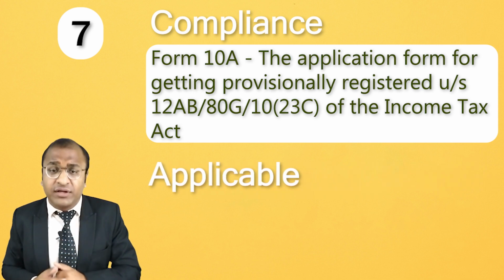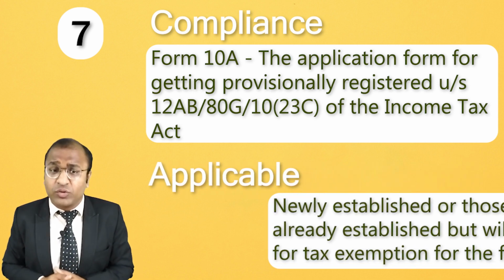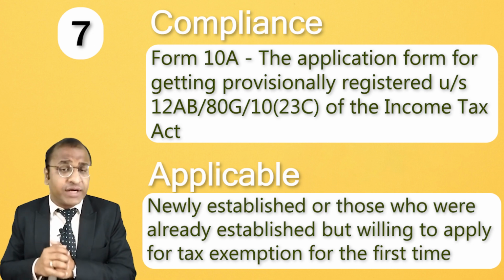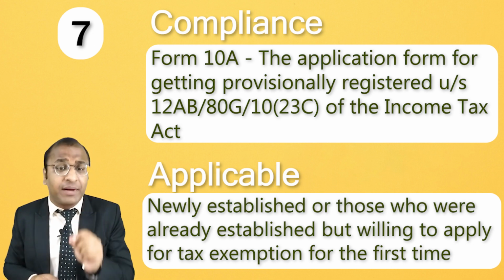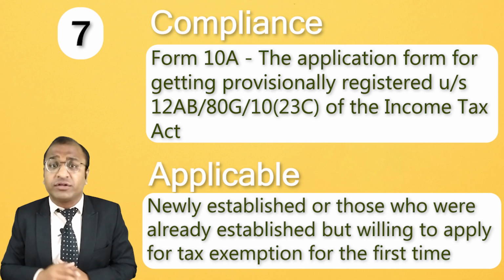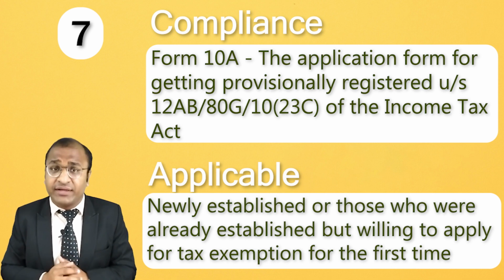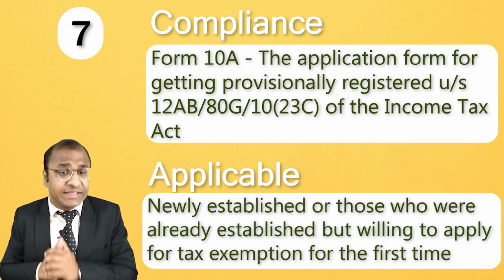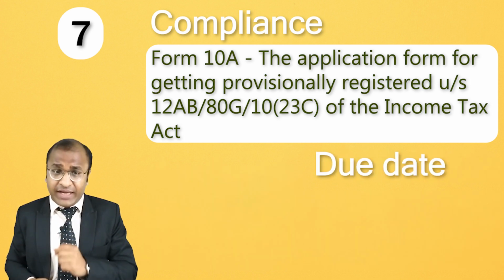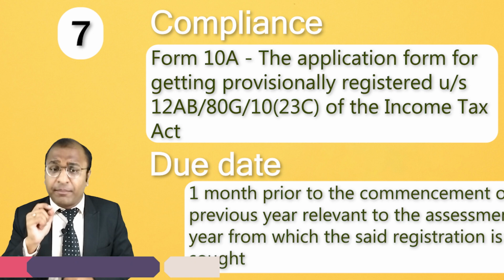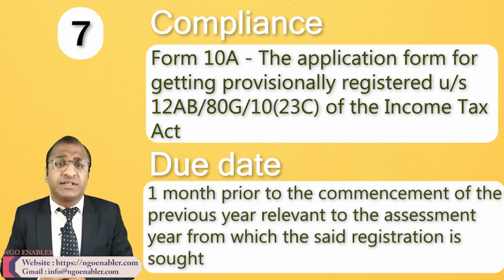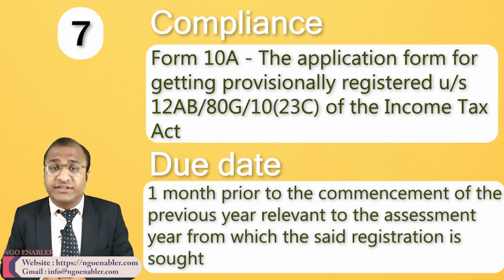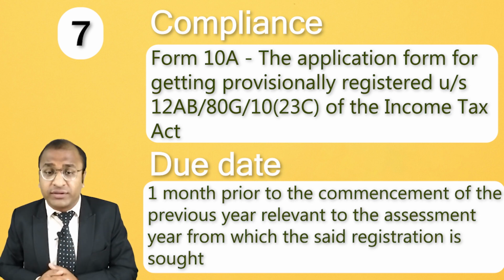This is applicable only for those organizations who are either newly established or those who are already established but are willing to apply for the tax exemption for the first time, and this certificate is valid for a period of 3 years. It needs to be filed at least 1 month prior to the commencement of the previous year relevant to the assessment year from which the said registration is sought.